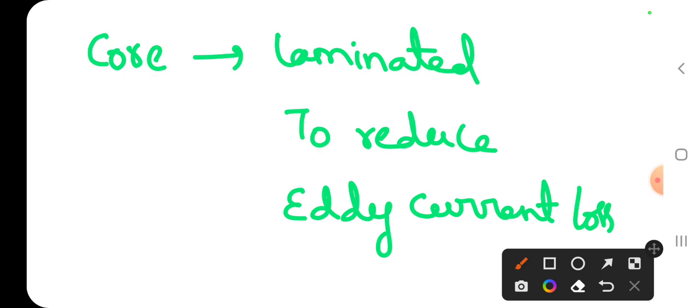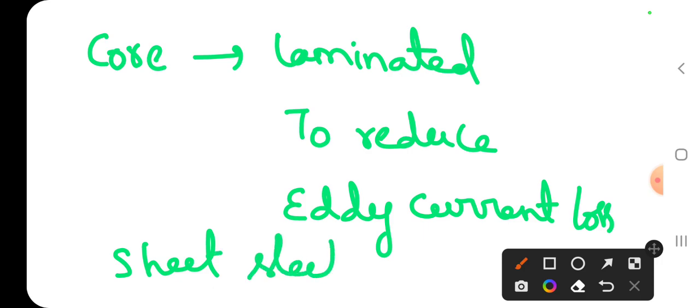The transformer core is laminated with silicon, or you can also say sheet steel, which is having silicon of 4%.